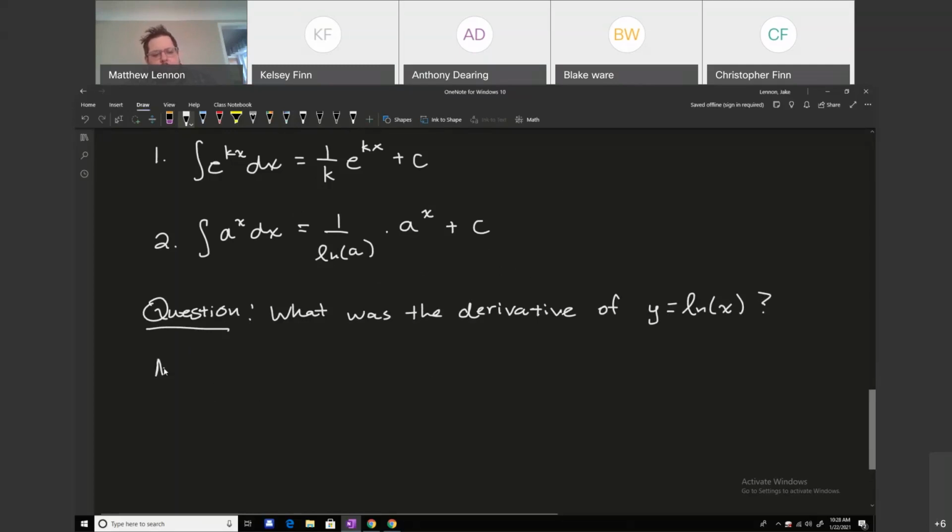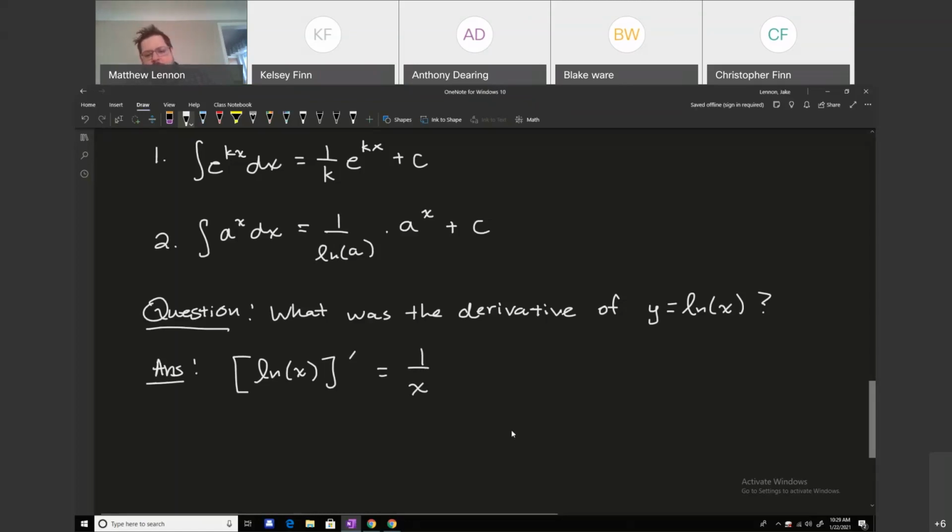Okay, so just as a reminder, when you take the derivative of the natural log of x, this comes out to 1 over x. So that means if you reverse the process, in some sense it's telling us an antiderivative, right? If you know the derivative of something, you also know the antiderivative of something.